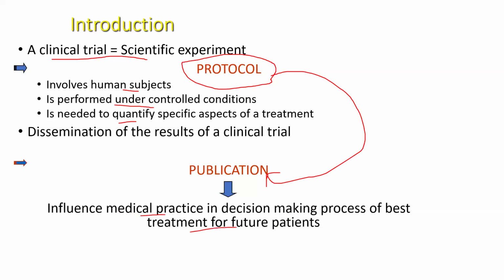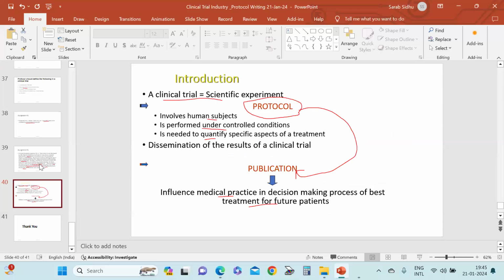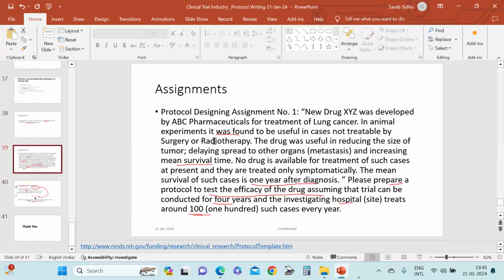Even if the findings of your trials are negative. Findings can be negative, can be positive, but both you have to publish. So this is the conclusion of our whole session.